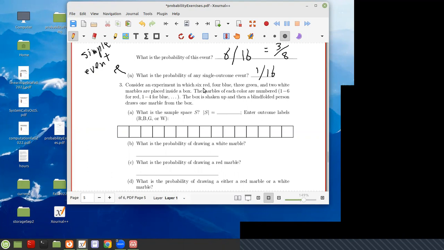Consider an experiment in which 6 red, 4 blue, 3 green, and 2 white marbles are placed inside a box. The marbles of each color are numbered 1 through 6 for red, 1 through 4 for blue, 1 through 3 for green, and 1 and 2 for white. Okay, so first of all, what is the sample space, and what's the sample space size?